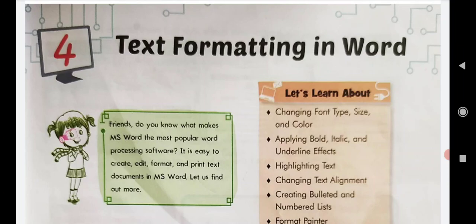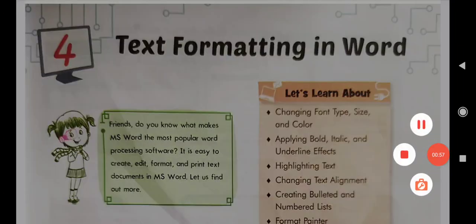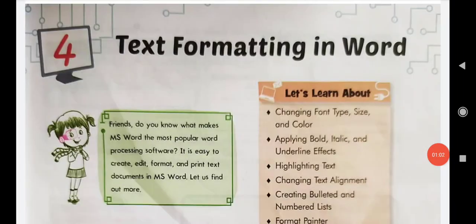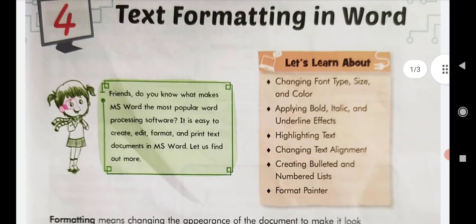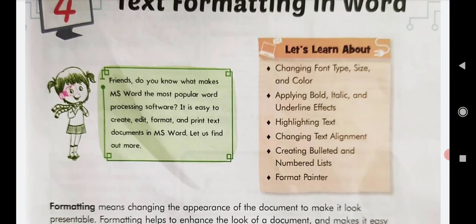We will start today the revision of chapter 4, text formatting in Word. In text formatting in Word, we will study changing font type, size and color, applying bold, italic and underline effects, highlighted text, changing text alignments, creating bulleted and numbered lists, and format painter.